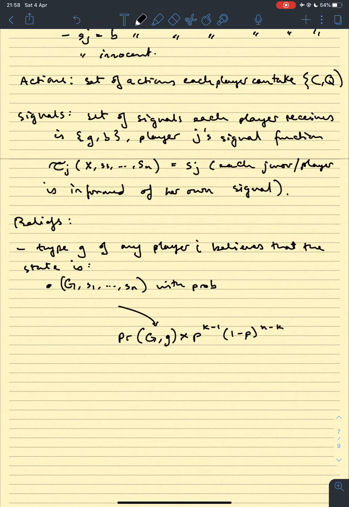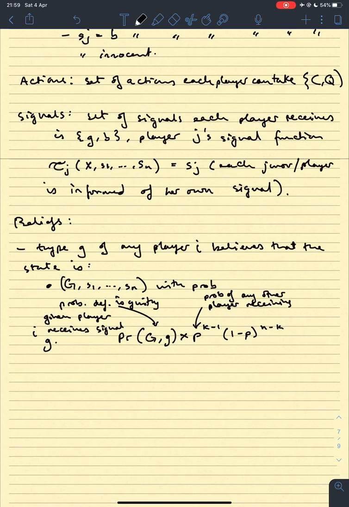So the first term is the probability that the defendant is guilty given player i receives signal G, and p is the probability of any other player receiving signal G. So this is essentially a belief of player i about other players' signals.